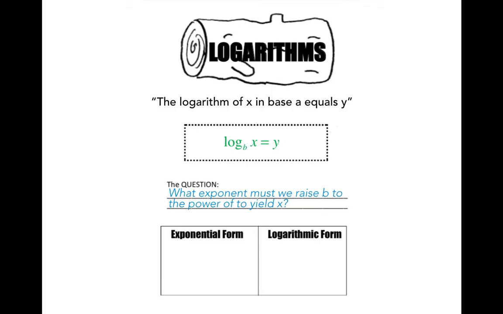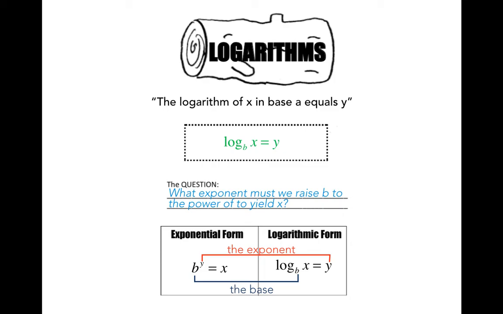Let me contrast and compare the forms of exponential and logarithmic here. The base in the exponential form is the base of your logarithm. The output there, the y, is the exponent.